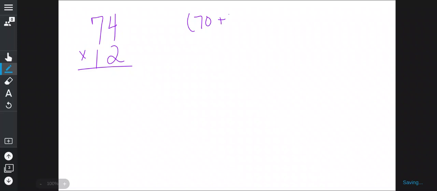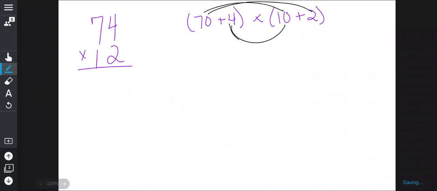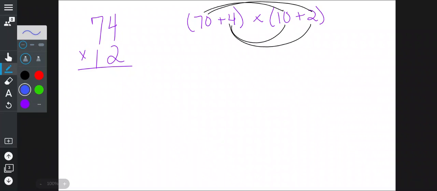All right, so I have 70 plus 4 times 10 plus 2, and I'm going to distribute 70 to 10, 70 to 2, 4 to 10, 4 to 2. Switch pens again. I like the thinner pen.